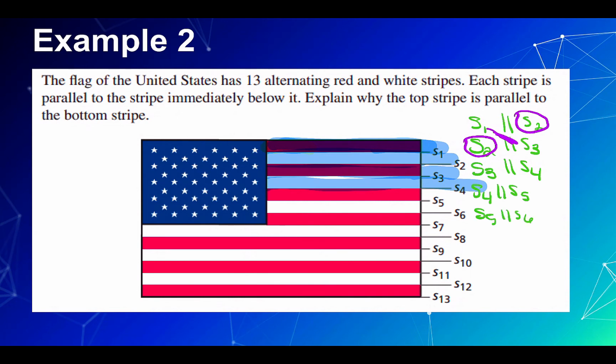So by the transitive property of parallel lines, every other one will continue being parallel.